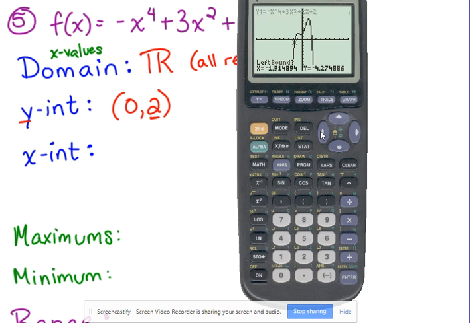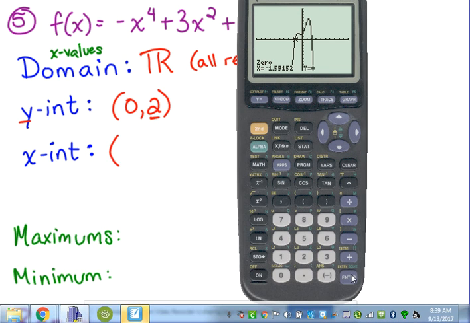Okay, so left bound, we need to move our cursor. In this case, the left bound is below the x-axis. Press enter. Right bound, we need to move it above the x-axis. And for the guess, you don't have to move it, just press enter again. So, we do not have nice, pretty whole numbers for our zero.